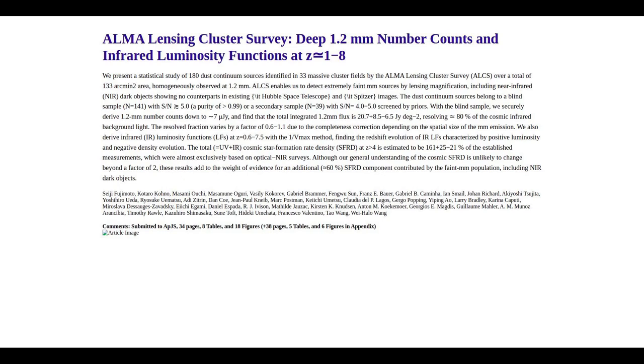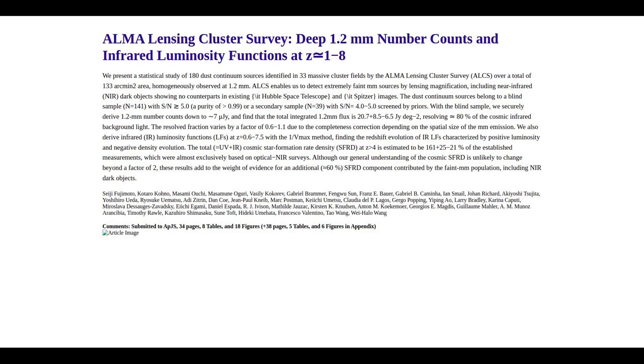We also derive infrared luminosity functions at z = 0.6-7.5 with the 1/Vmax method, finding the redshift evolution of our LFs characterized by positive luminosity and negative density evolution.